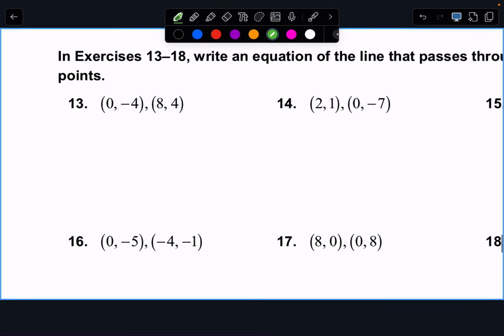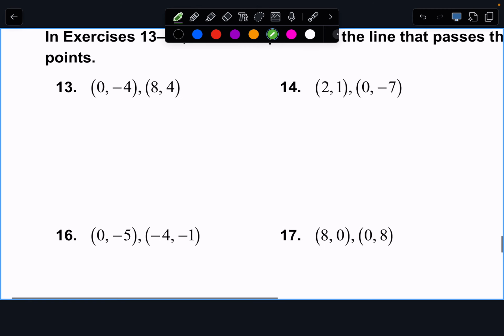On the next page, there's no graphs. It will be fine. Can we figure out slope without a graph? We should be able to. Let's practice finding slope since it was still a little bit rough.